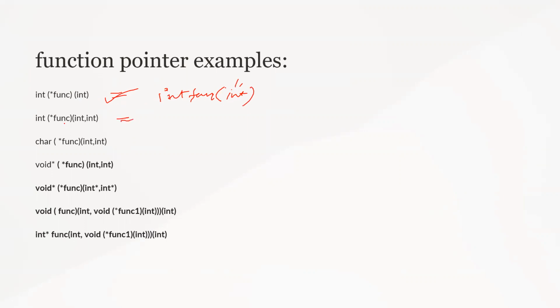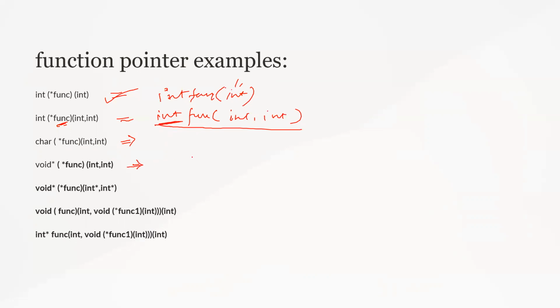This is one more function pointer declaration, for a function which receives two integer arguments as input and returns an integer as output. And this is one more function pointer, very similar to this one, but it returns a character.